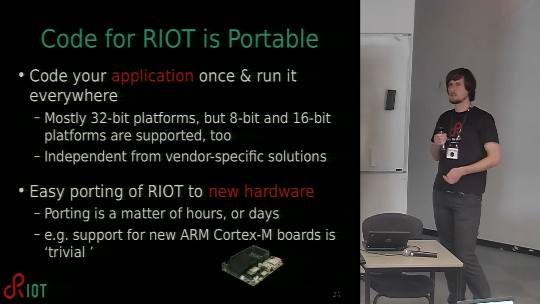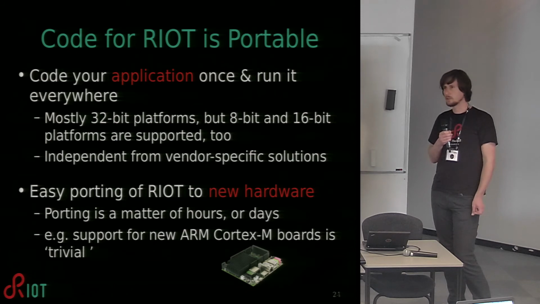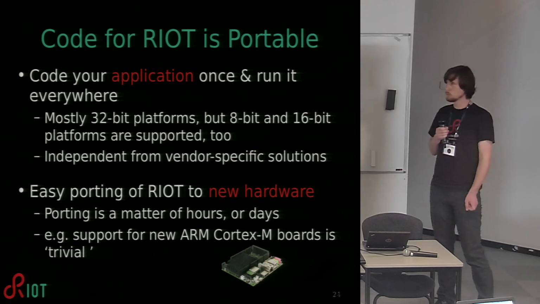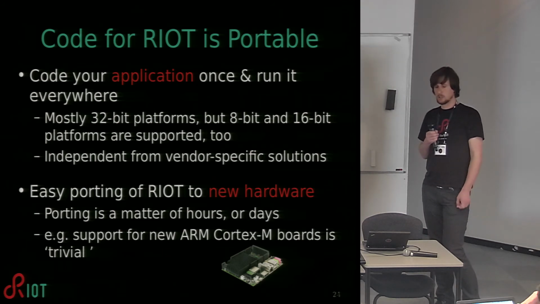And yeah, the other important thing for an IoT operating system is the portability. As we've seen, there's a huge bunch of new hardware already out there, and new hardware is coming in every day. So it needs to be really easy to port it to a new platform. And that's why we implemented a pretty well-defined hardware abstraction layer.